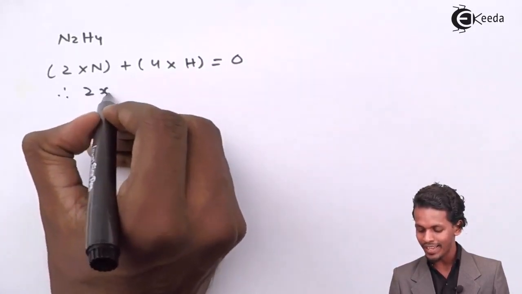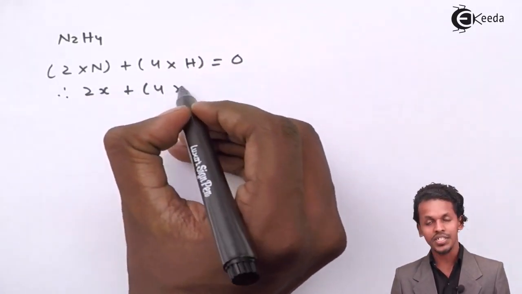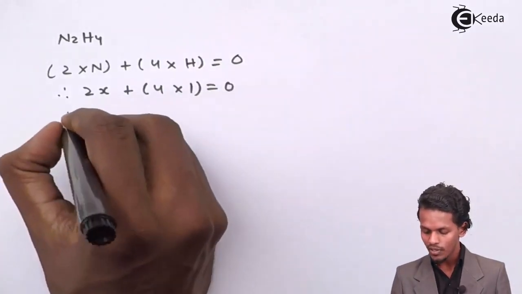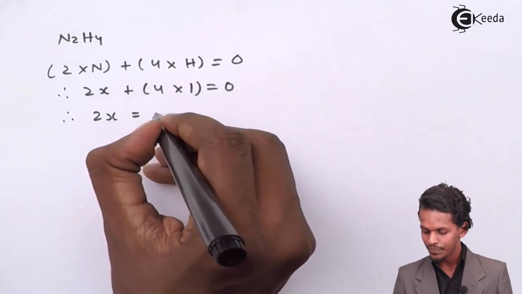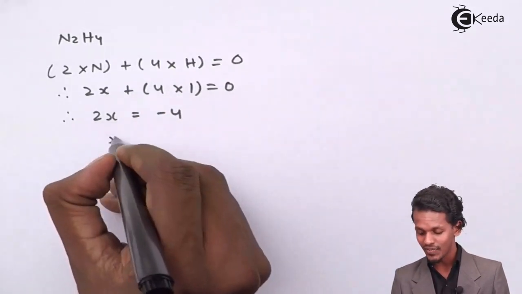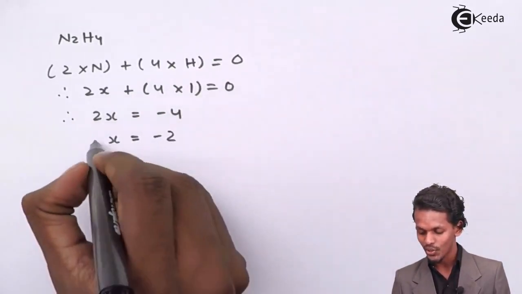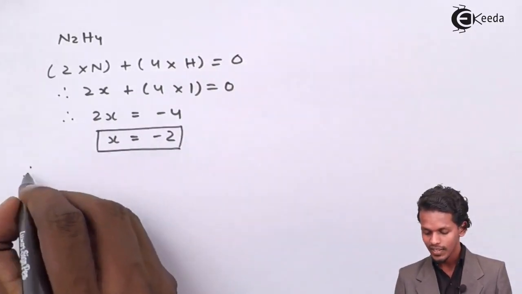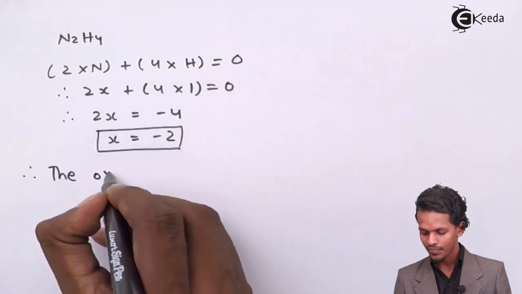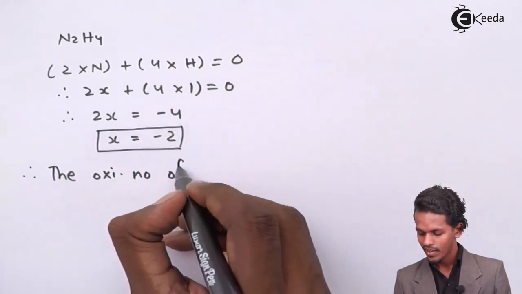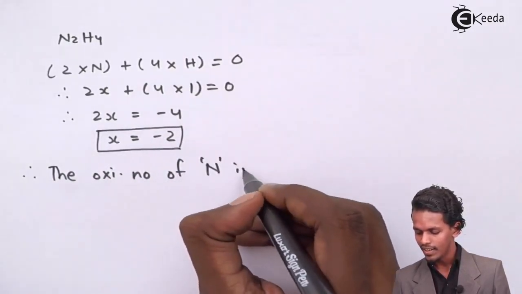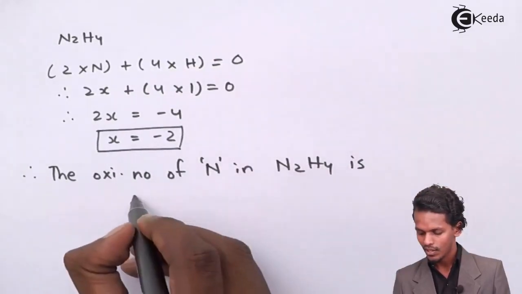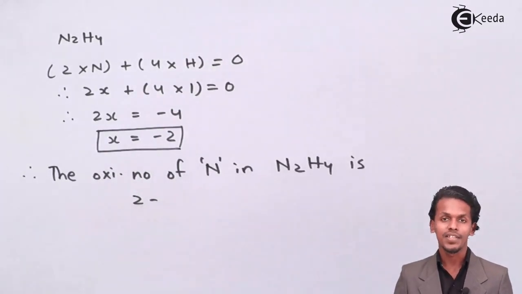Therefore 2 times x plus 4 times the oxidation number of hydrogen, which is 1, equals 0. Therefore 2x will have a value of -4, so x will have a value of -2. So the oxidation number of nitrogen in N2H4 is -2.